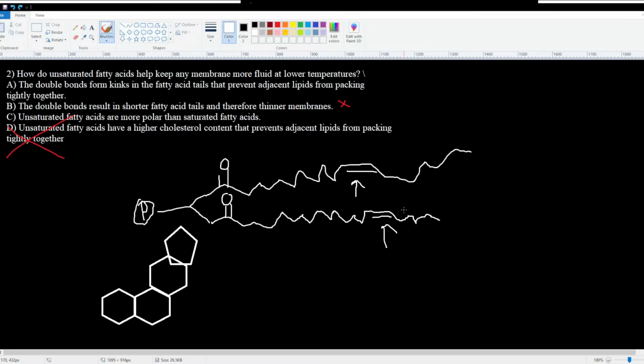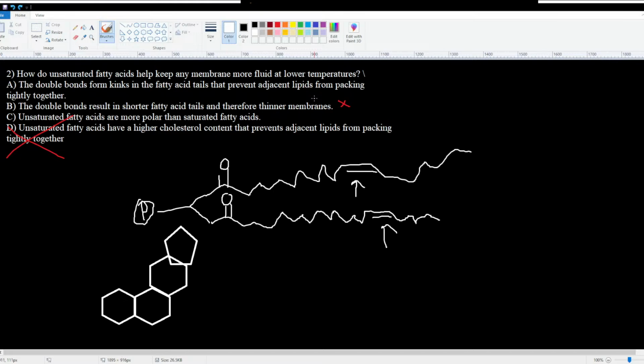So going the opposite way, if something's at lower temperatures, butter would be solid at low temperatures, but oil still wouldn't be solid at low temperatures. So, like I said, going the opposite way, if we have double bonds and the double bonds prevent the tight packing of molecules, then adjacent lipids would not be able to pack tightly.